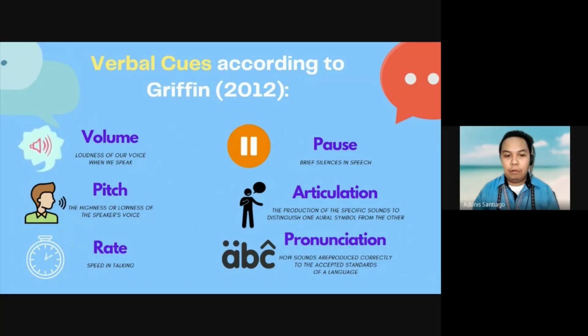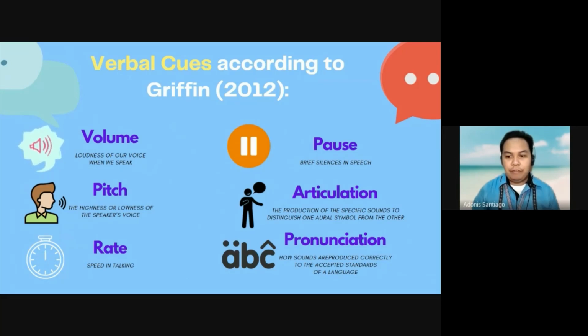We have the volume. This is the loudness of our voice when we speak. There are some people who have a very low volume, and that tends to keep them from being understood by their listeners. There are also people who talk like they are shouting, but actually they are just calm in the moment.